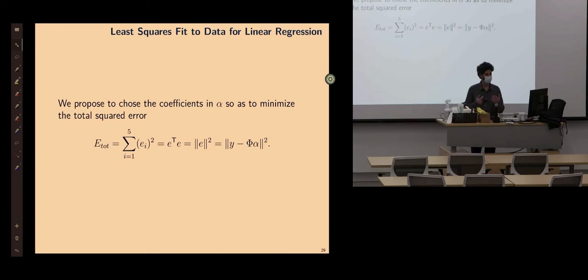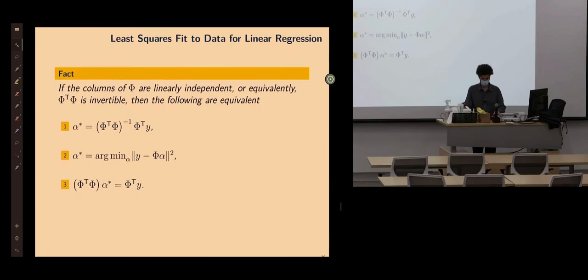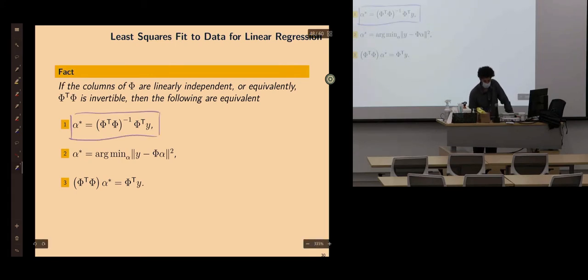So the total error is the squared norm of the error. We can call this total error. We are going to minimize it. And just following what we learned in least squares, it is a fact that we will get as a solution phi transpose times phi inverse times phi transpose times y.